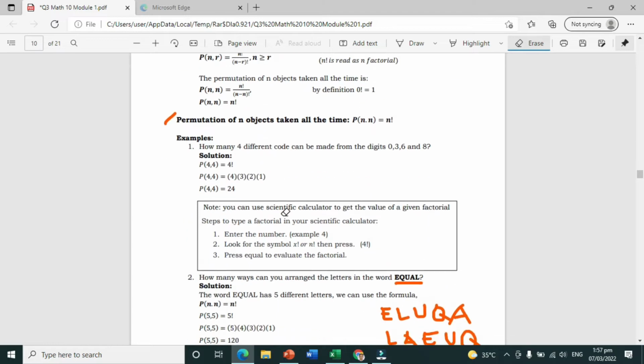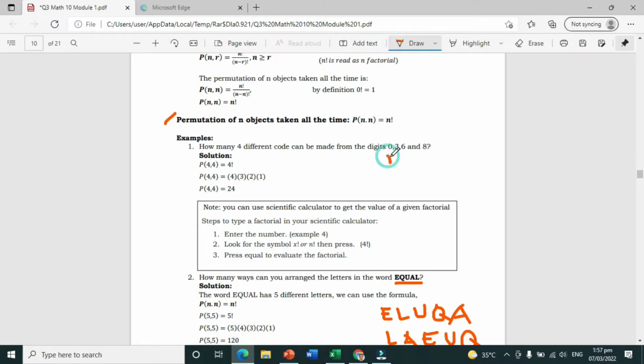Example number 1: How many 4-digit codes can be made from the digits 0, 3, 6, and 8? So dito, dapat makita sa different codes yung mga numbers na 0, 3, 6, at saka 8. So yung value ng n natin, there are 4 different digits: 0, 3, 6, and 8.